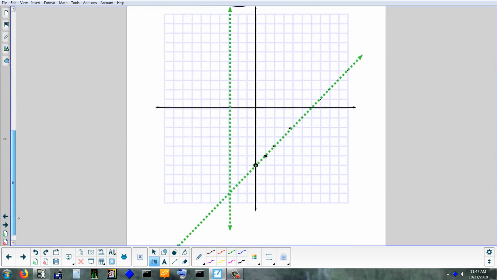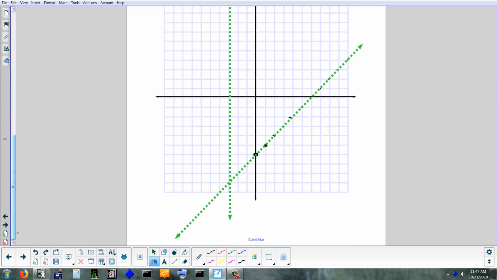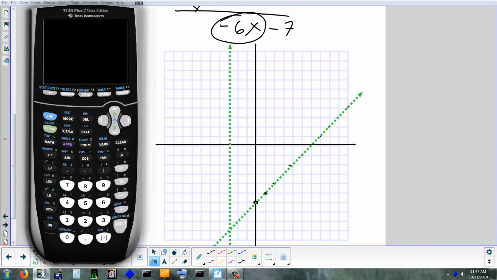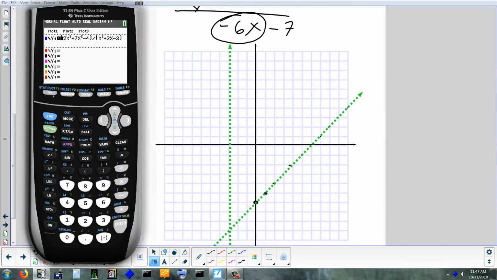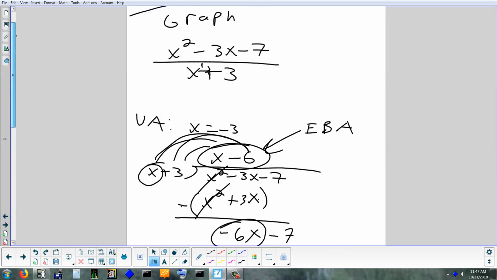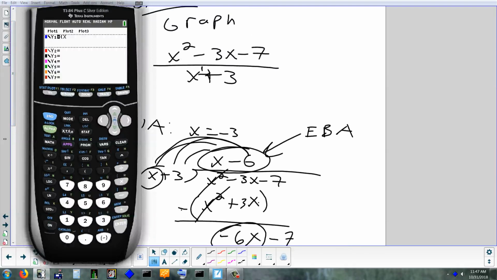Okay, so let's check some values. The only lousy part is if the graph ends up in here, it's going to go off my grid. So we'll see what happens. What's a good value to check for x here? Negative what? Yeah, I'd say -2.99. I need to type it in first. So x squared minus 3x minus 7 divided by x plus 3.